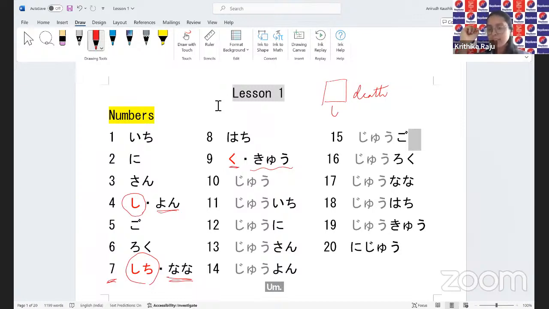Roku. 7. Nana. Go with nana, but remember, shichi is also there. 8. Hachi. 9. Q. 10. Ju. Repeat again correctly. Ju. Okay. Now again, we're going to be doing this exercise. Try and register it.